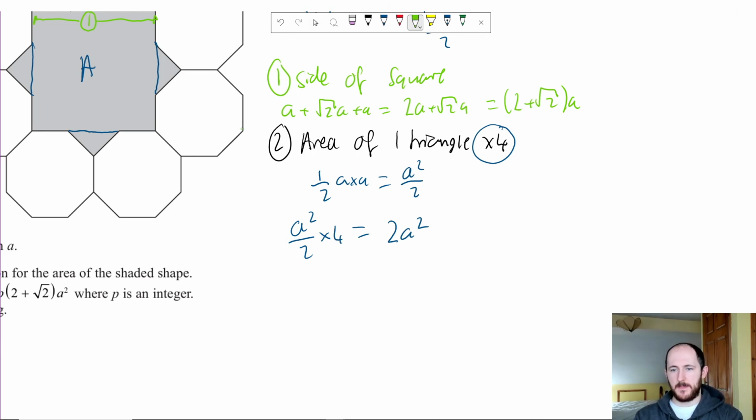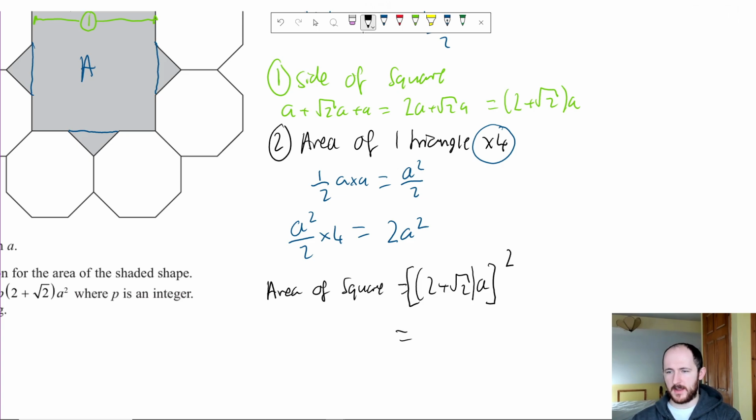So now, if I write area of the square, what will that equal? It will just equal this whole thing. Okay, we're going to have 2 layers of brackets. The whole thing squared. And how do I want to write this? I might leave it as (2 plus root 2) squared a squared, like that.